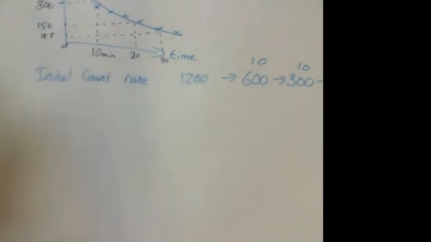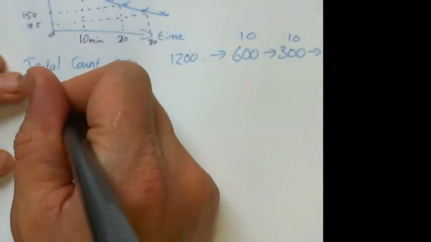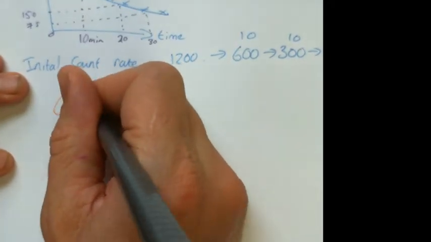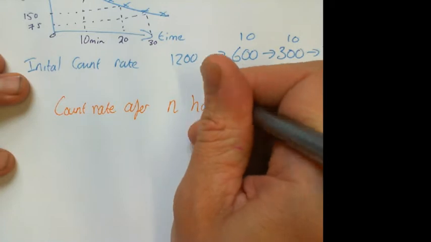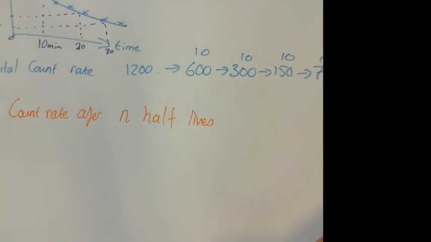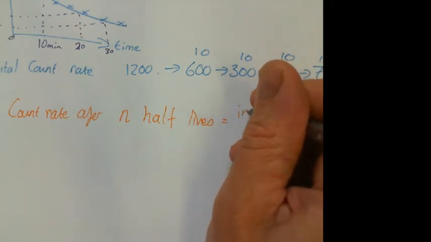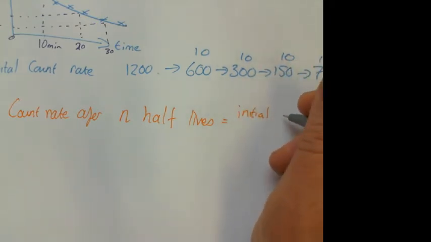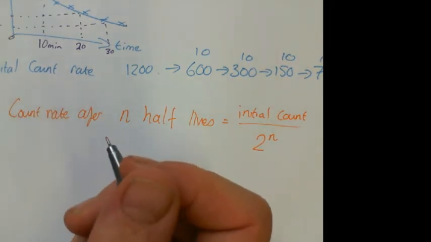Now, there's an equation for this, and the equation is that the count rate after n half-lives equals the initial count rate divided by 2 to the power n, where n can be any number.